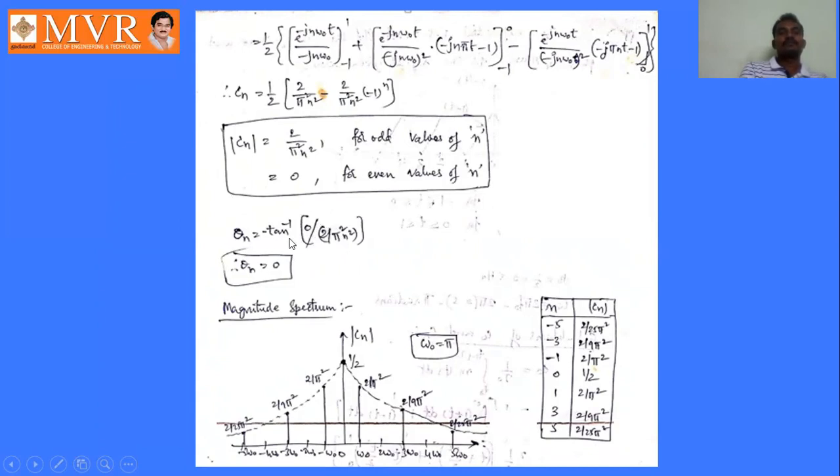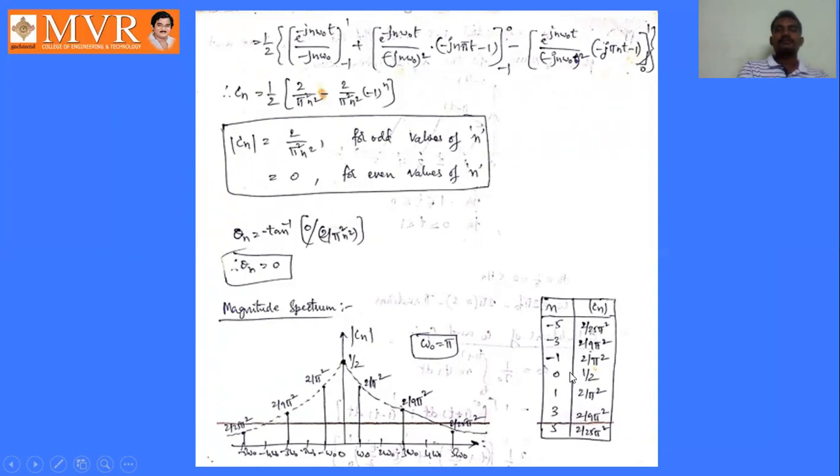So this is tan inverse 0, that is 0. θn is 0. So if θn is 0, it means there is no phase spectrum, we only have the magnitude spectrum. So Cn equal to 2/(π²n²) for odd values of n. We have to take the odd values of n only.